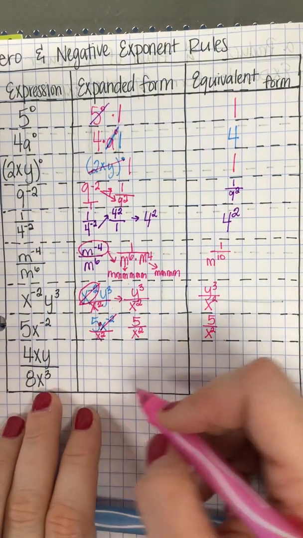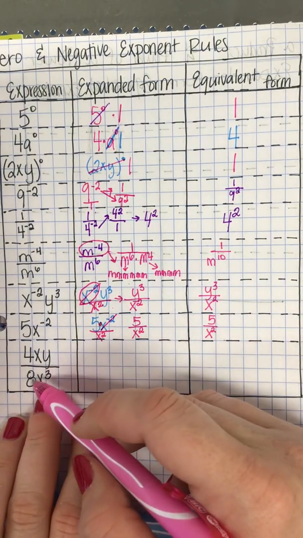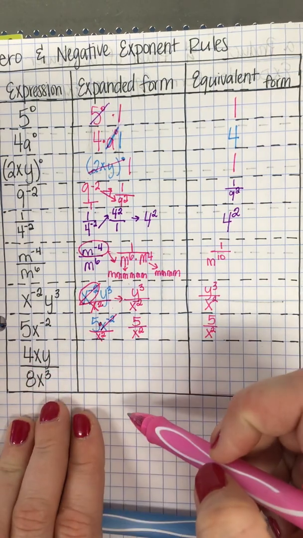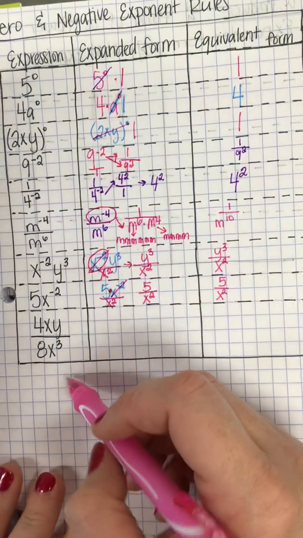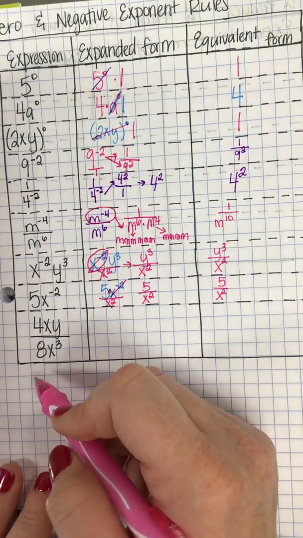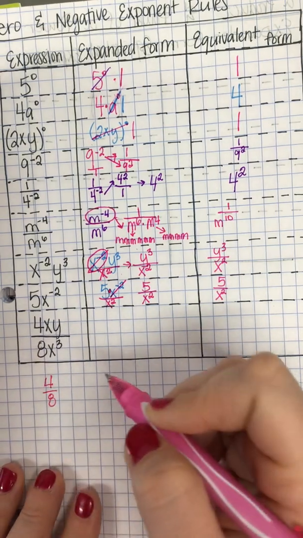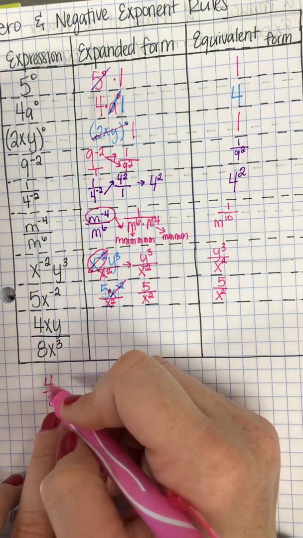Okay. The next one, we have 4xy over 8x cubed. So if we have 4 over 8, 4 eighths, remember you can reduce this.